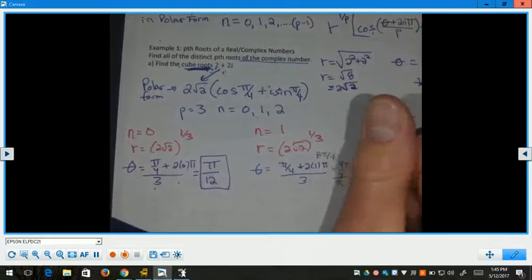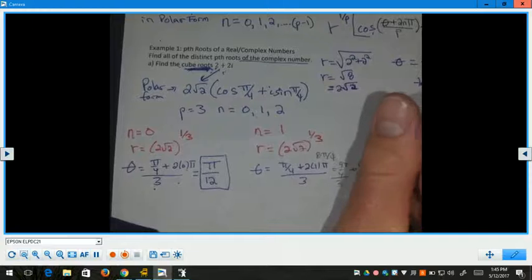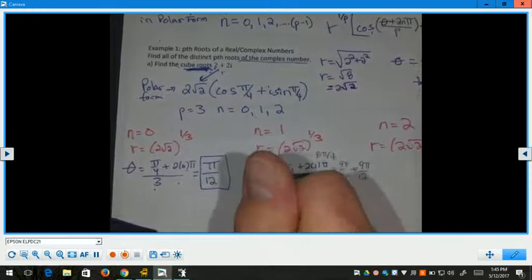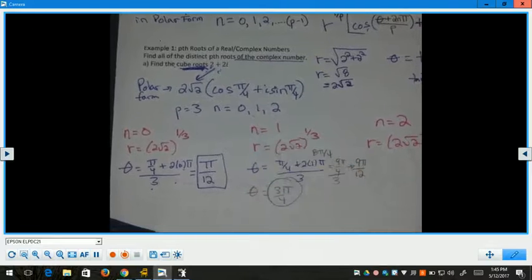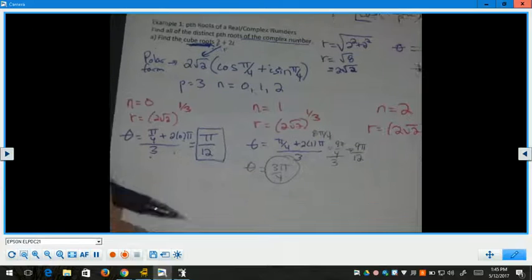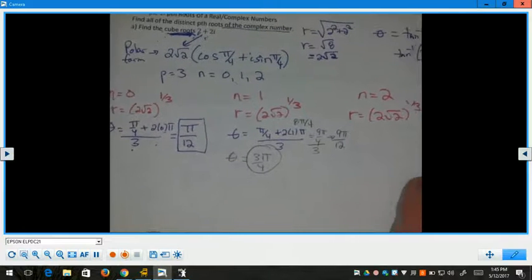When I put that over 3, it becomes 9 pi over 12, which if you want, you can reduce. Theta is going to be 3 pi over 4 for that value, but 9 pi over 12 is what it would have started as, so I reduced it.